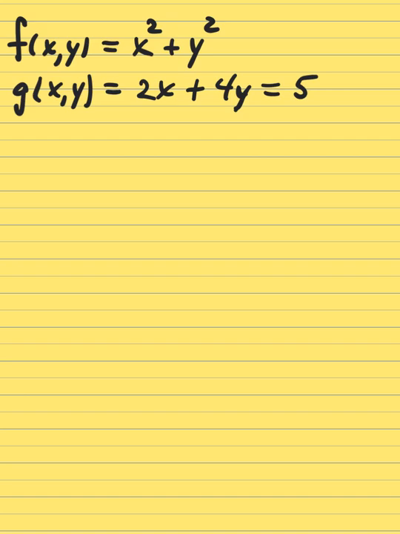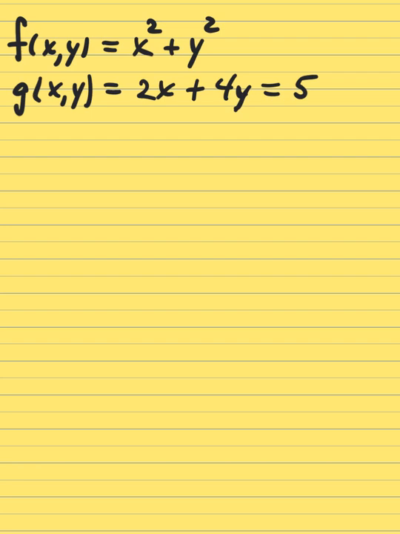Let's look at another example of using Lagrange multipliers to optimize a several variable function over a particular constraint. Our function in this problem is x squared plus y squared. It's a 2 variable function.